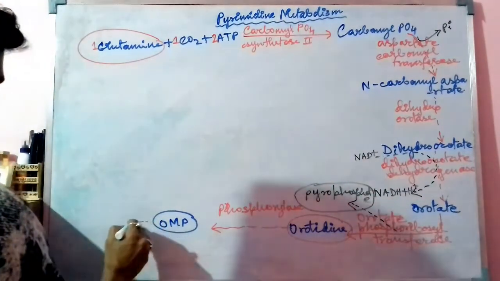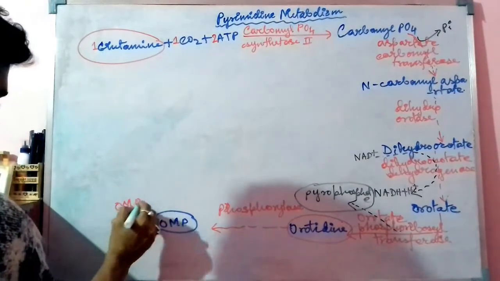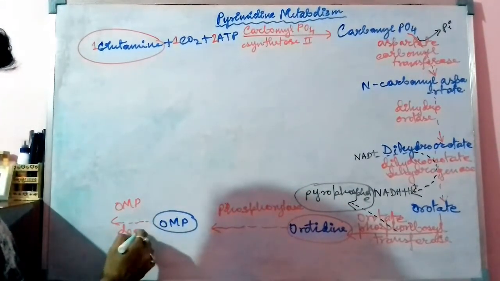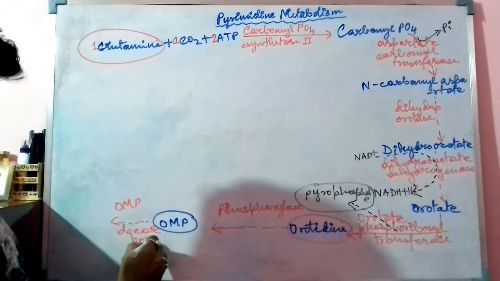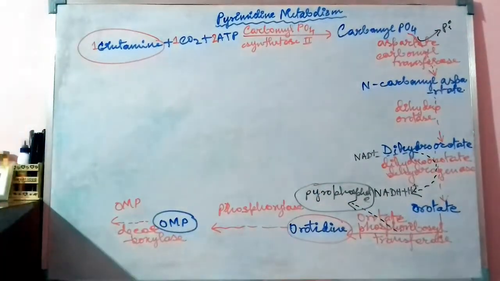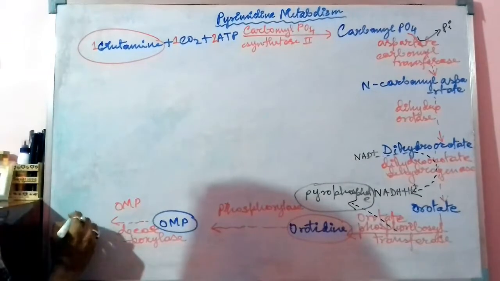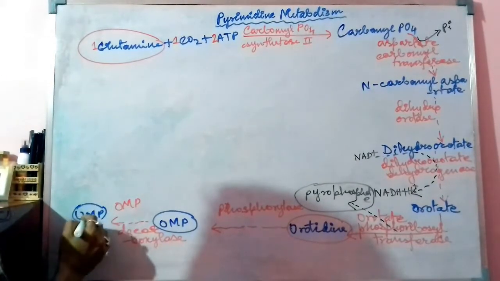Now this orotidine 5 monophosphate, in the presence of OMP decarboxylase, gets converted to uridine 5 monophosphate, UMP.